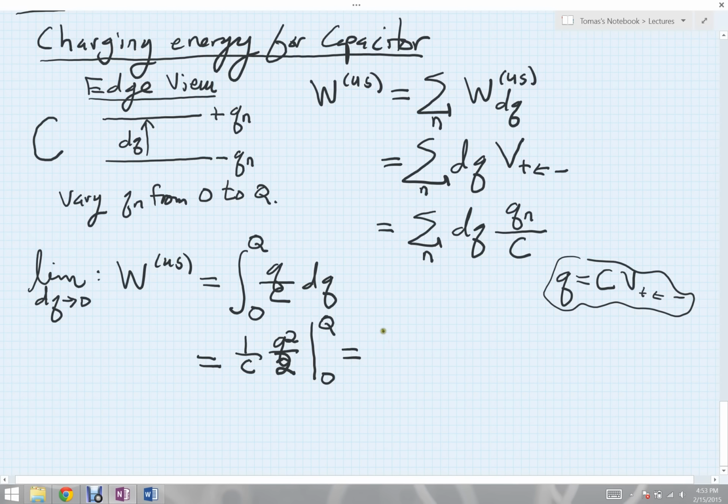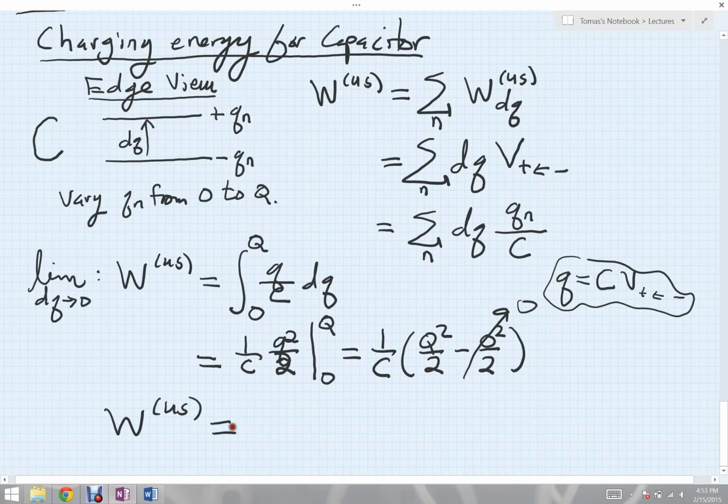Substituting in, that gives me 1 over the capacitance times big Q squared over 2. Oh, this is looking sweet. Minus 0 squared over 2, of course, the 0 is just going to give me 0. So the work done by us, the charging work, turns out to be Q squared divided by 2C.